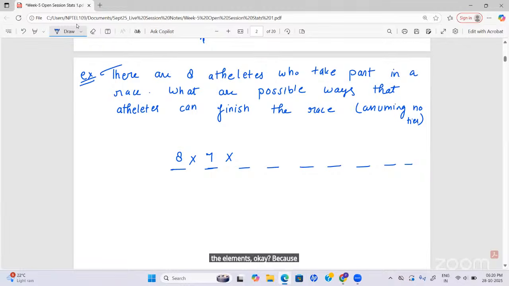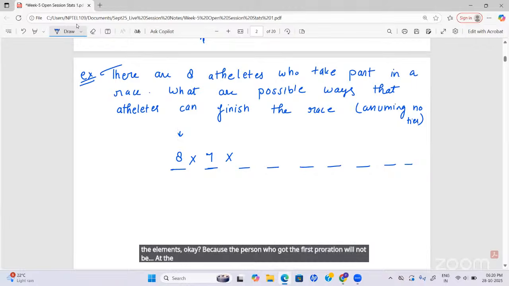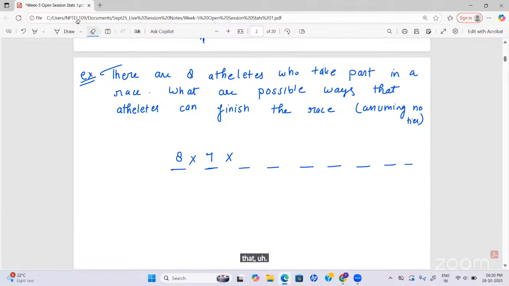The person who got the first position will not be at the second position. So the athletes are not repeating themselves. So it will be 8 into 7 into 6 into 5, and so on, which is 8 factorial.